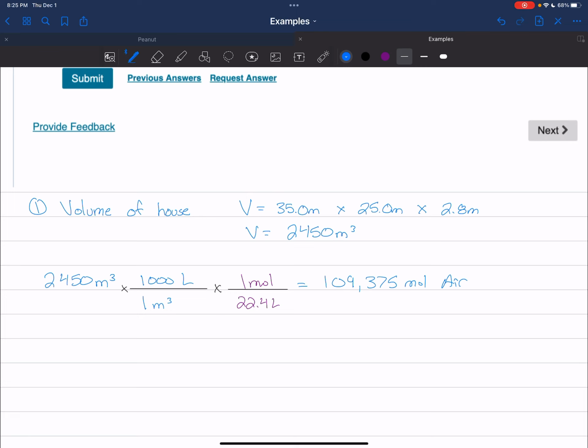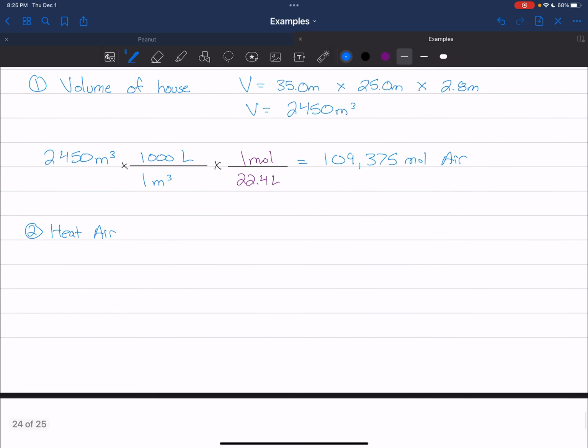Now we need to heat the air. Right, so how much energy does it take? Well, that's Q equals MC delta T. It gave us the constant C of 30 joules per Kelvin mole.